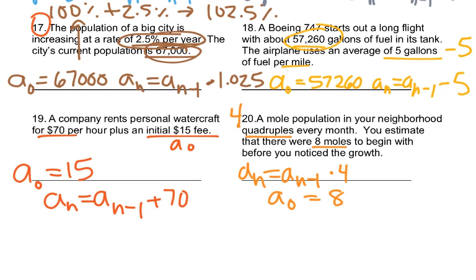So, again, hopefully you see it all comes down to understanding the growth and understanding where it starts. Once you've got that, with recursive equations, everything else is pretty much the same. We always have a sub 0 equals our 0 term, our start term. We always have a sub n equals a sub n minus 1, plus, minus, multiply, divide if we need to.